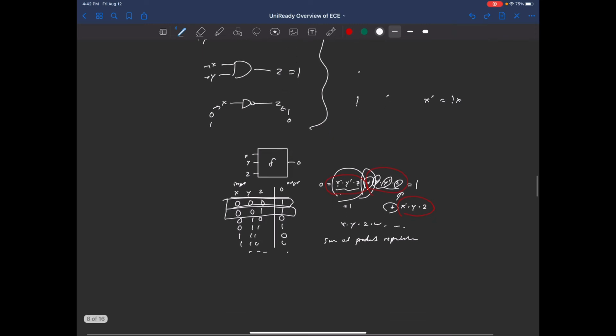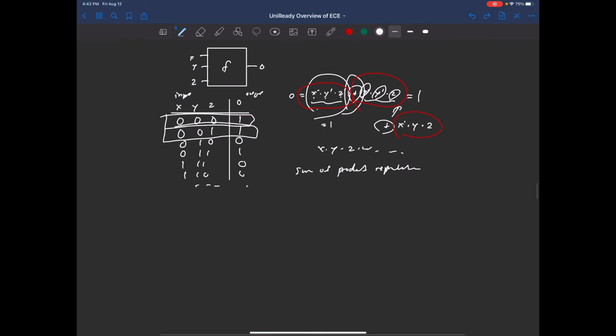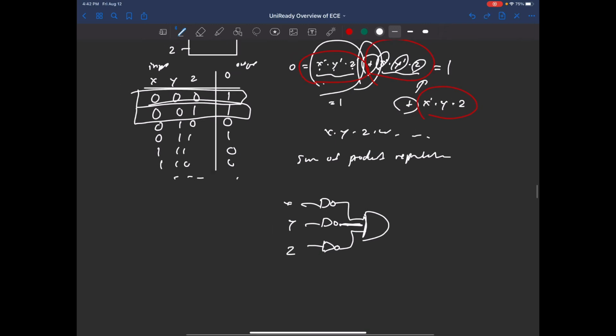And to actually build this thing, right, you just have to make the individual gates. So in this case, you have the NOT gates and another NOT gate going into an AND gate. So x, y, z, this is going to be the inputs, right?